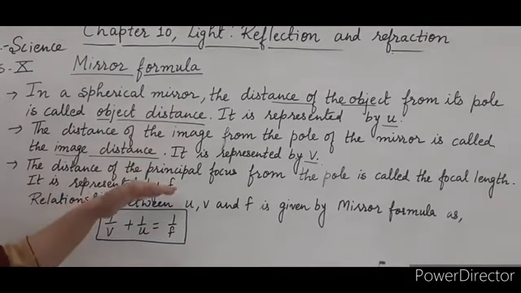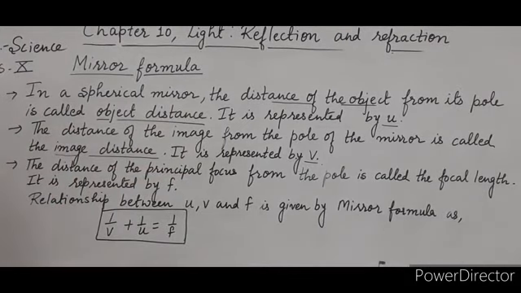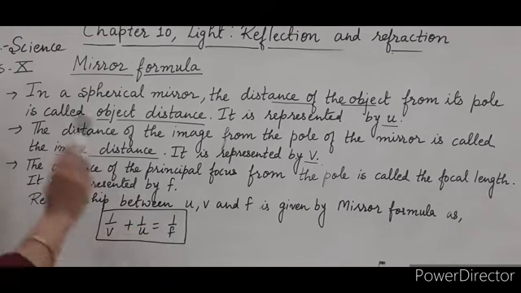These three physical quantities are related by a formula called the mirror formula: 1 upon v plus 1 upon u is equal to 1 upon f.